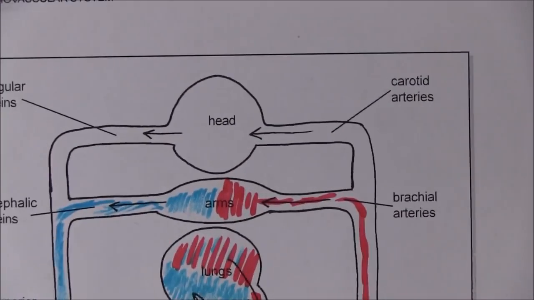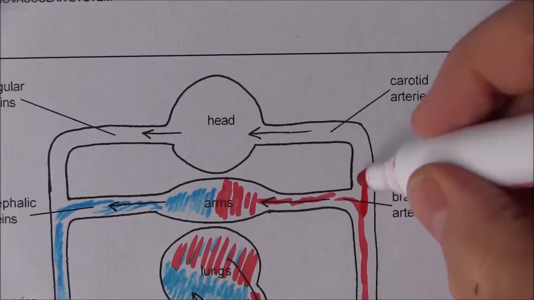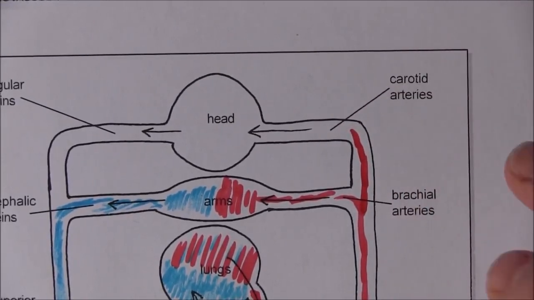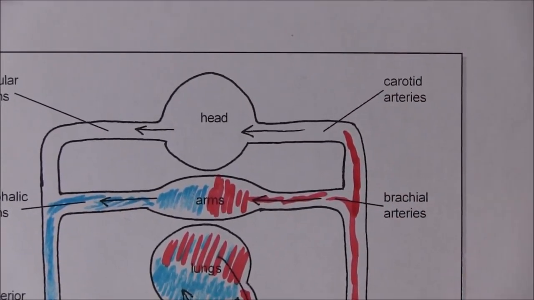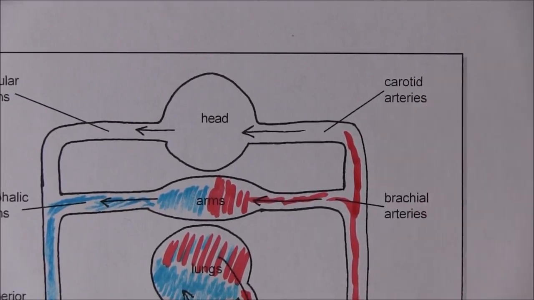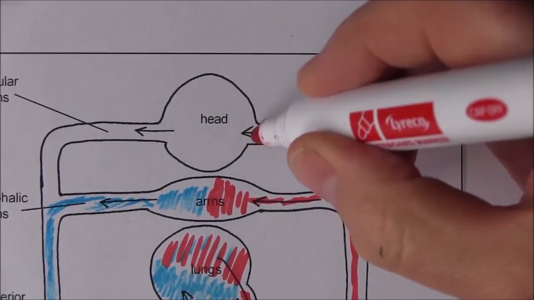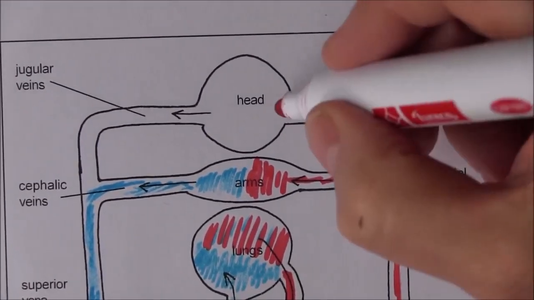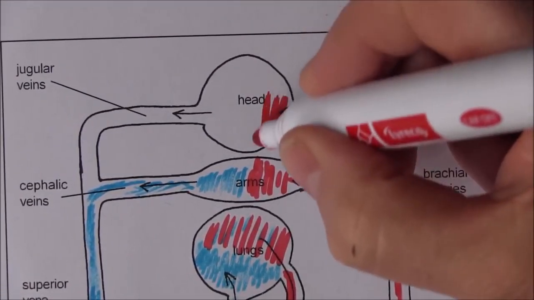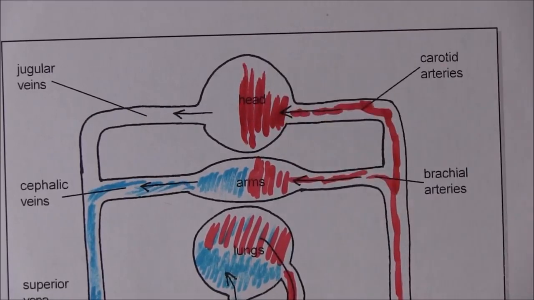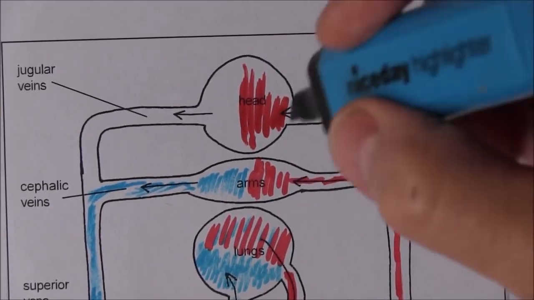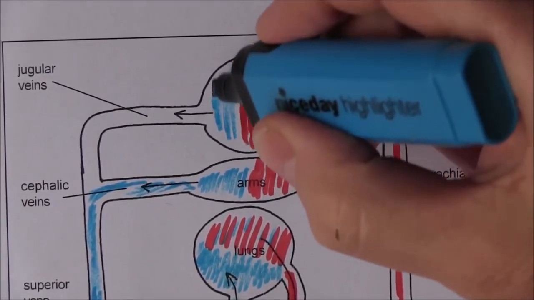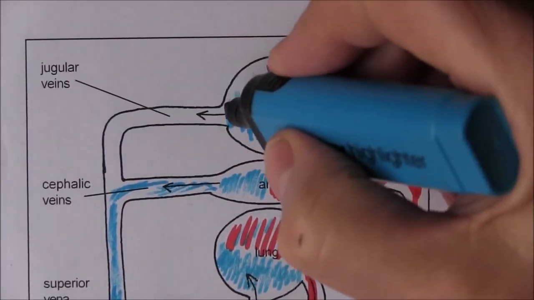But then other branches from the aorta will take blood up through the neck. The big arteries that you can feel pulsating in your neck are the carotid arteries, and they're going to take blood to the head, including, of course, the all-important brain. And again, the blood's going to perfuse through that. And as it goes through, it's going to give up some of its oxygen, it's going to collect some carbon dioxide, and then it's going to drain.